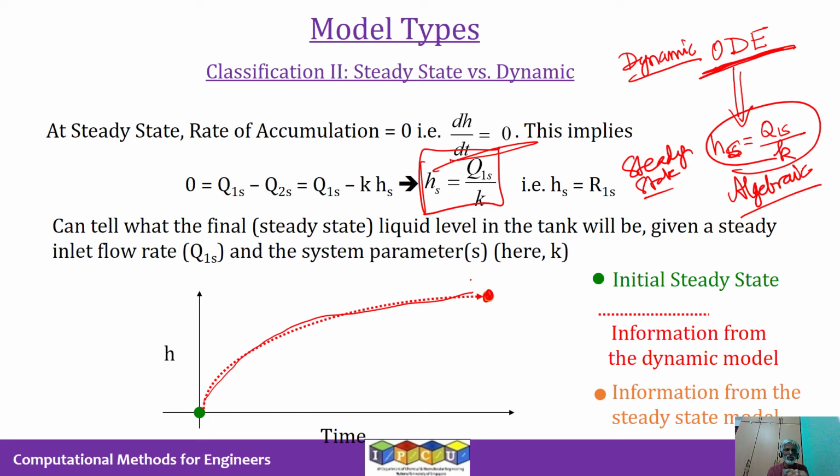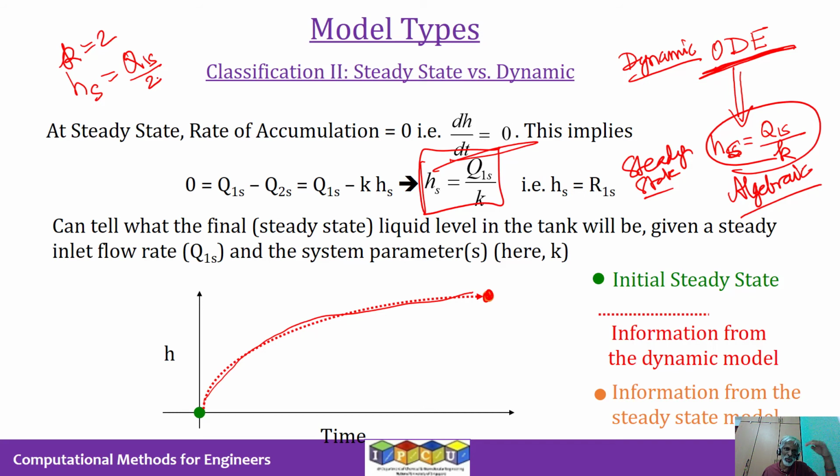Let's say k is equal to 2 in appropriate units. So h as the steady state value is q1s divided by 2, right? I'm assuming k is equal to 2 because let's say I know the characteristics of the pipe, etc. So hs is q1s by 2. So what this equation tells us is if the inlet flow is steady at 5, hs will be equal to 5 by 2, which is 2.5.